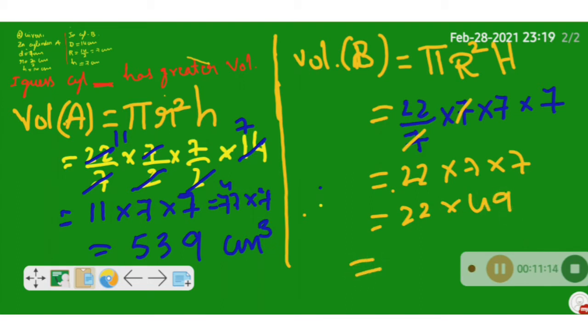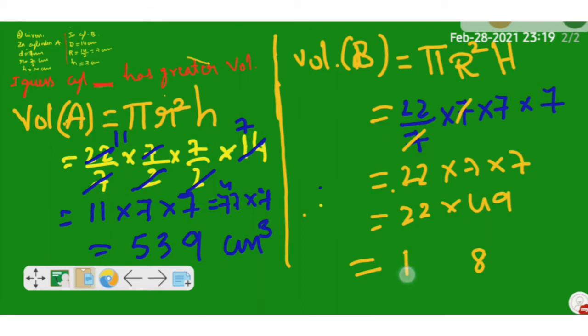And if you multiply, 22 49s, right? So 22 9s is 198. So 198 means 8, and 19 carry forward. 22 4s are 88. 88 plus 19 carry forward, if you add that, you will get 107. So 1078 centimeter cube.